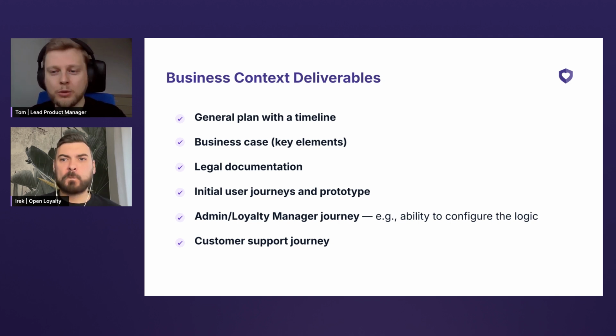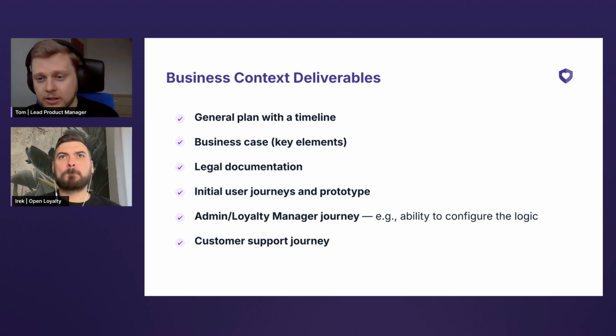As a product person or project person, you will be responsible for running the whole thing, so you need a general plan with a timeline, so you are able to communicate with your internal stakeholders and external stakeholders like vendors and partners. That will help you throughout the whole journey.